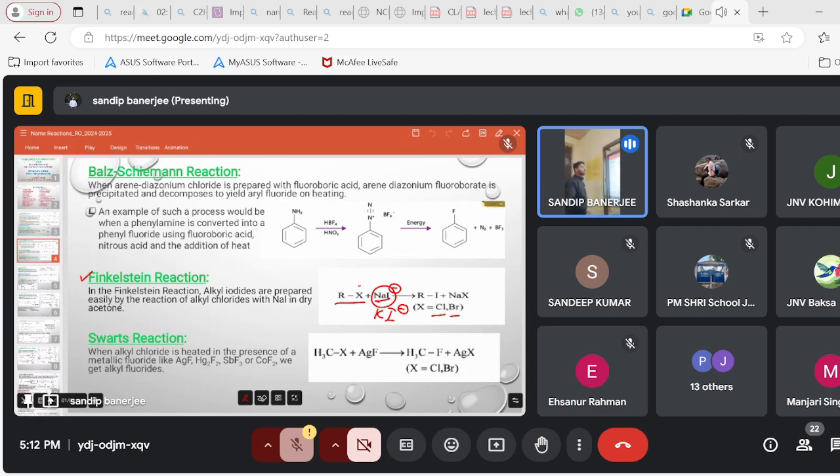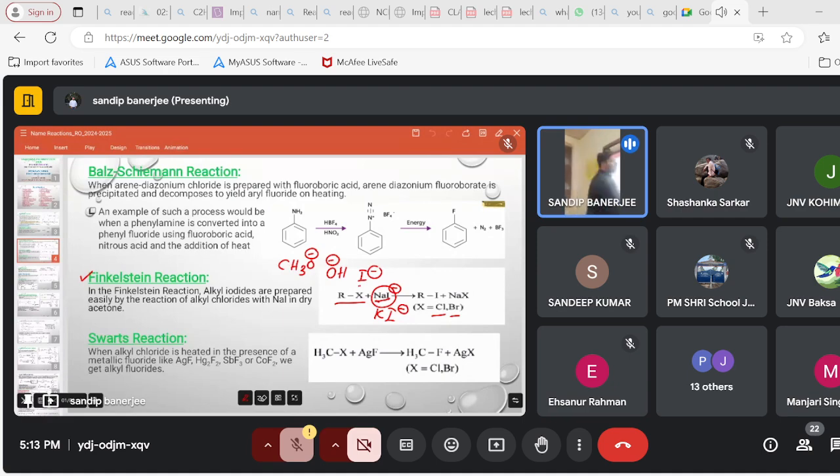That's why in this Finkelstein method, by using an ionic halide, the solvent is sometimes acetone, a little polar. You can use water or you can use ethanol, but why not? Because of the I minus present in the system. If you are using OH minus in terms of water, or let's think you are using an alcohol, let's think about methanol, then methoxide will be a competitive nucleophile to the I minus system.